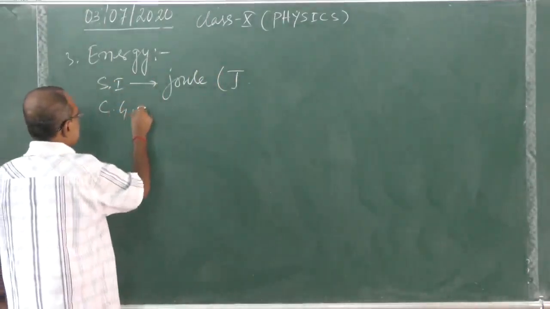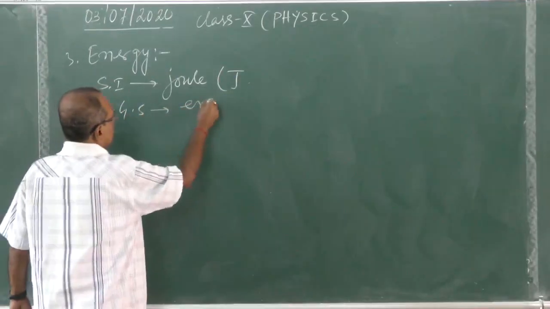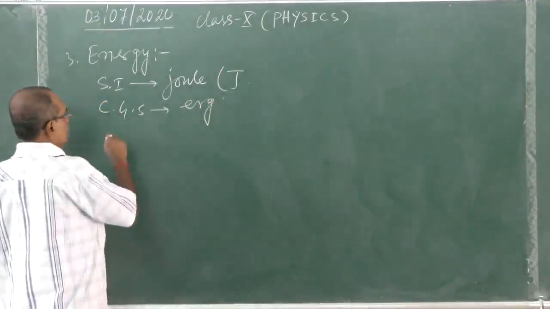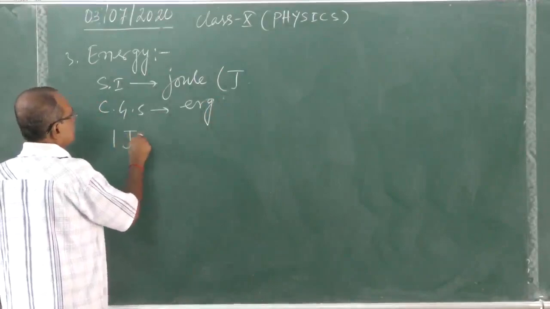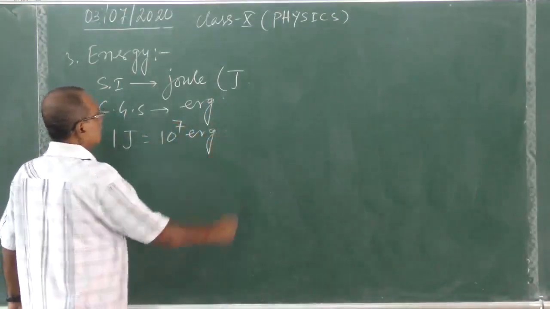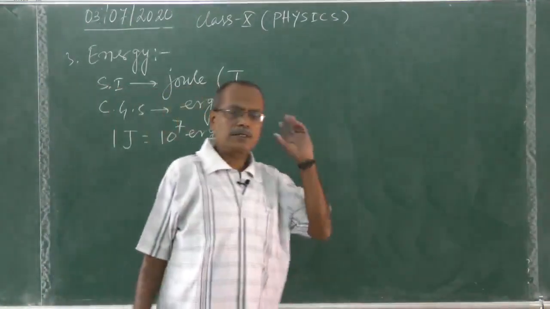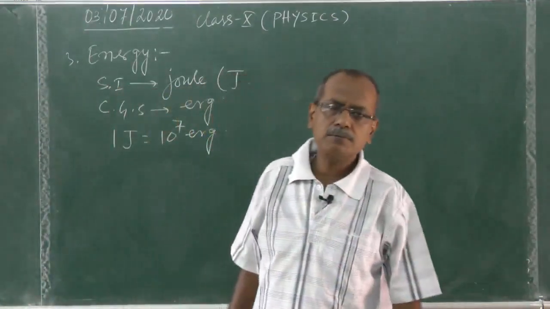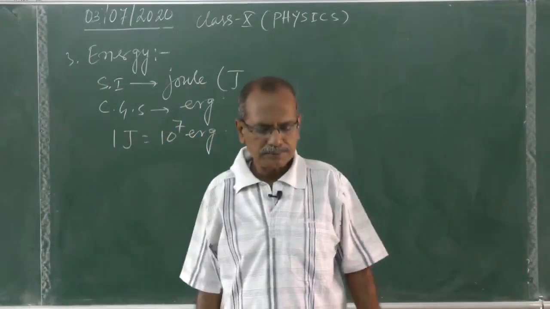CGS unit is erg. Also we know 1 joule is equal to 10 to the power 7 erg. In case of unit of work done we have done this.